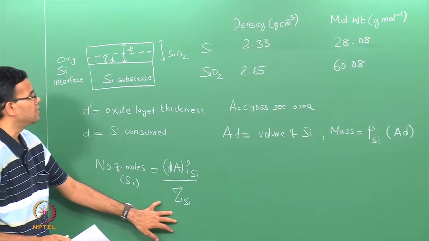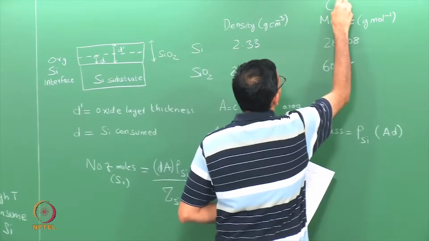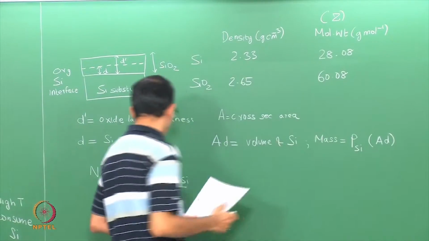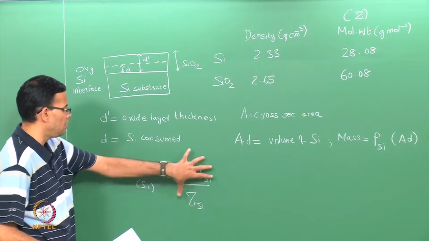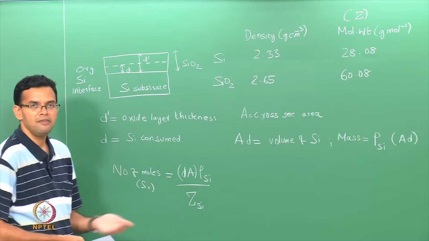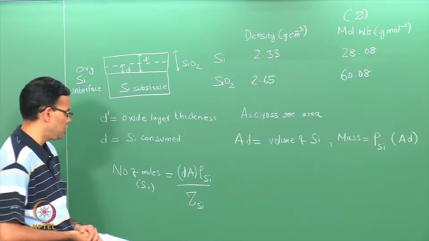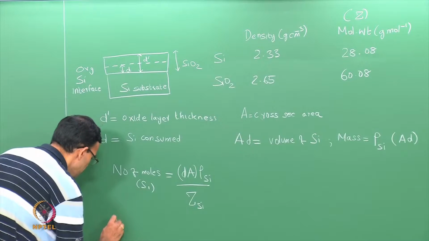So, Z of Si is nothing but the molecular weight. So, let me just make a notation here. So, Z of Si is the atomic weight of silicon, and this is the mass of silicon that is consumed. Similarly, we can write another expression for the number of moles of SiO2 formed.